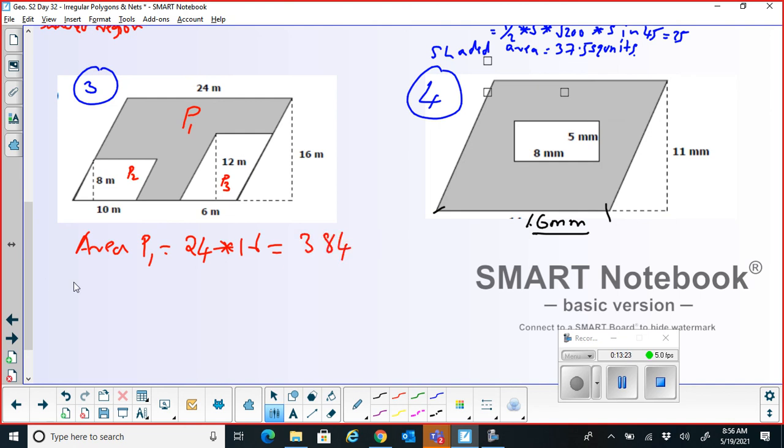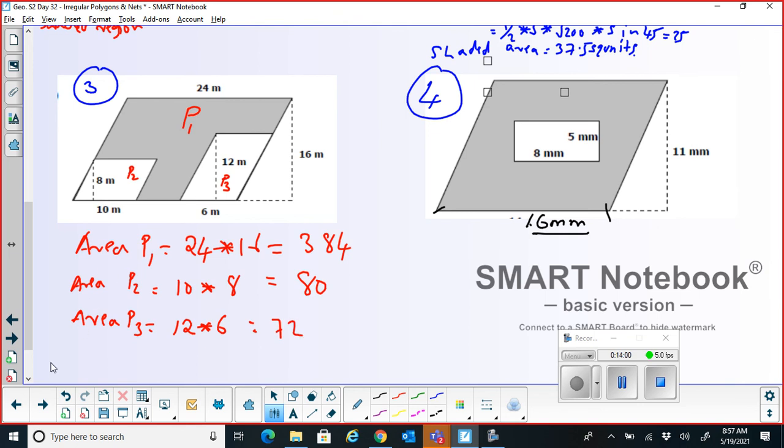And area of P2, the second parallelogram: here the height is 8, base is 10. 10 times 8 gives us 80. Then the area of the third parallelogram: the height is 12, the base is 6. 12 times 6, which is 72.